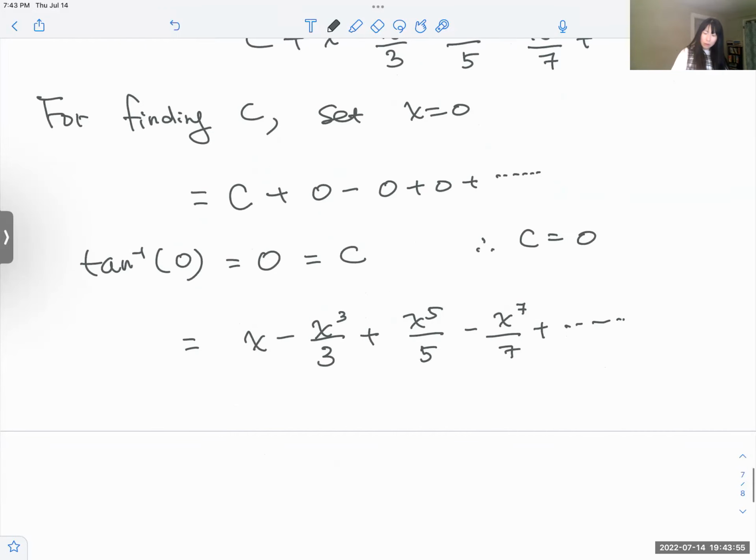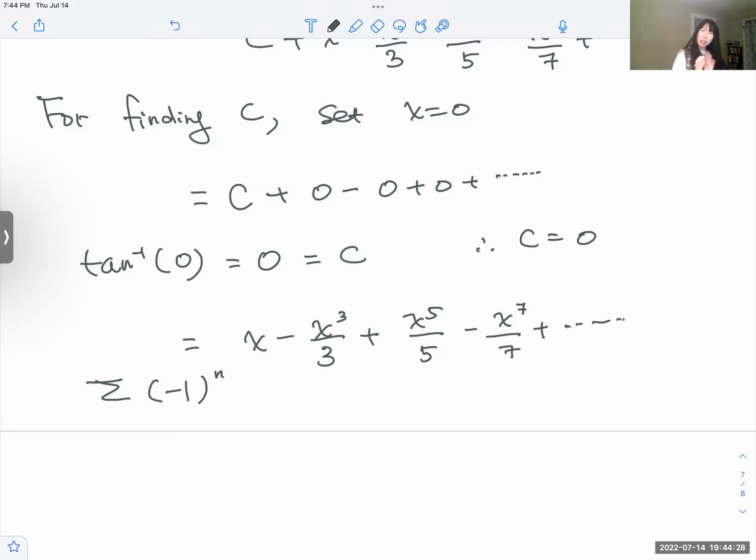Now, it's a series, and we want to express it in summation form. So let us talk about that. Look, how do we express the sign change? Alternating. So alternating, do you agree? Yes. Okay, very good. All right, then how about odd numbers?